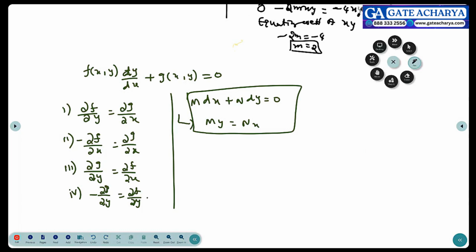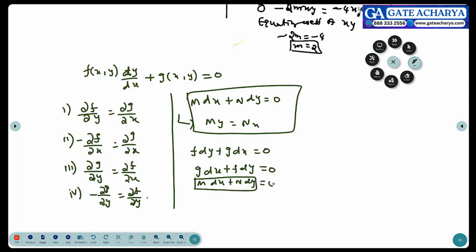We multiply by dx on both sides. Here f of x, y is a function of x and y. So f dy plus g dx is equal to 0. Multiplying both sides by dx, the dx cancels here, and dx into 0 is 0. We can write it in this order: g dx plus f dy is equal to 0. So it is the M dx plus N dy form.